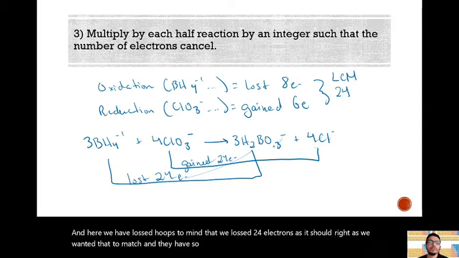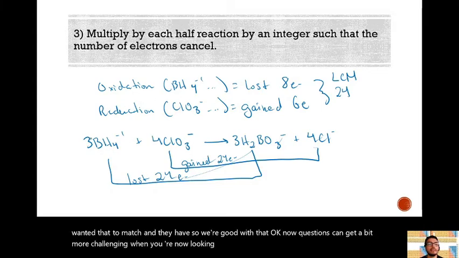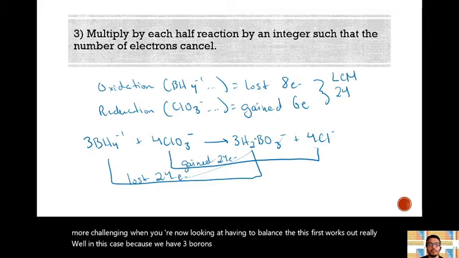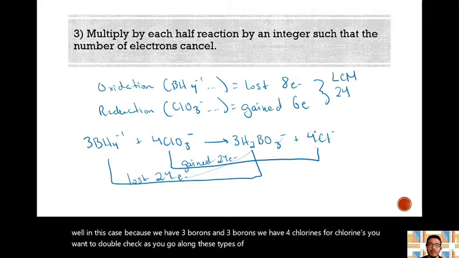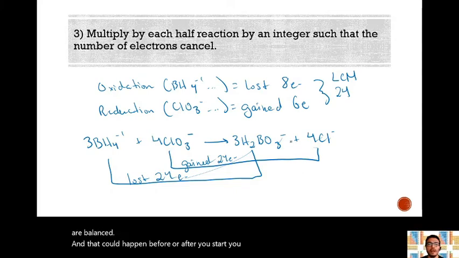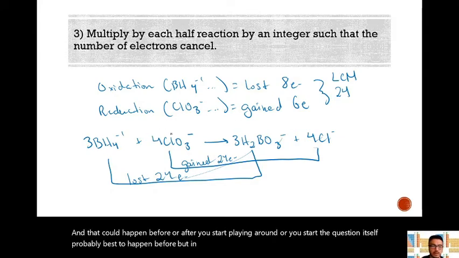Now questions can get a bit more challenging when you have to balance this first. It works out really well in this case because we have 3 borons and 3 borons, and 4 chlorines. You want to double check as you go along that those are balanced, and that can happen before or after you start the question itself, probably best before, but in this example it works out.